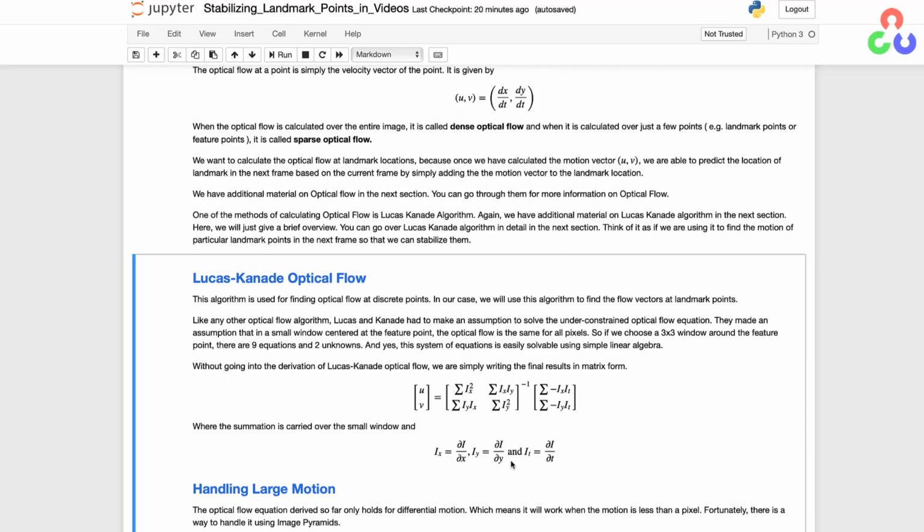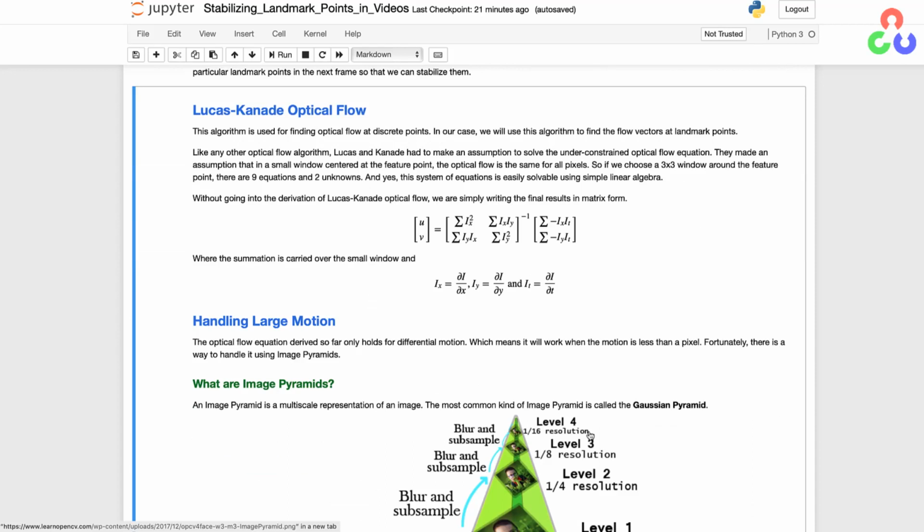As you can imagine, there are several methods for calculating the optical flow. We are going to use the Lucas-Kanade optical flow algorithm. Now let's understand what's going on. We are not going to go over the derivation for Lucas-Kanade optical flow, but let me remind you that when we write the optical flow equation and try to solve it, it is an ill-posed problem, which means that there are two unknowns, u and v, but there is only one equation that relates these unknowns.